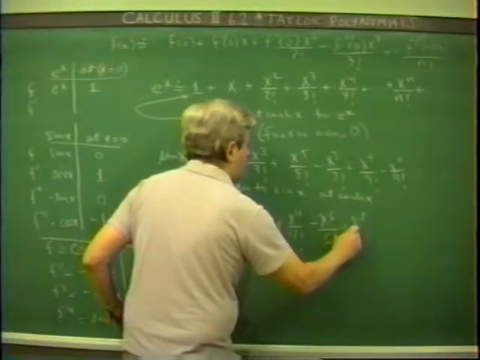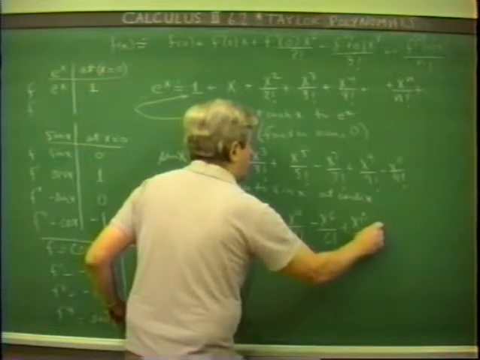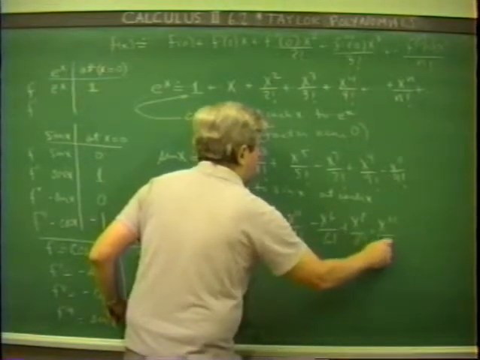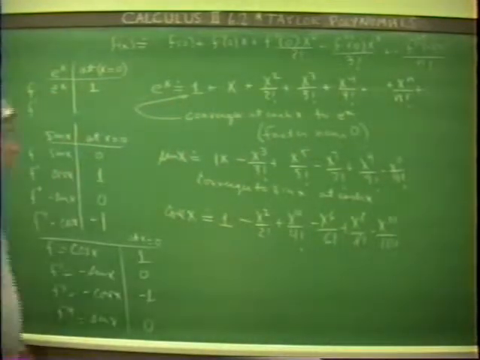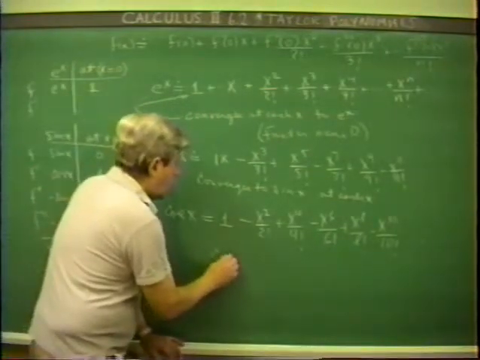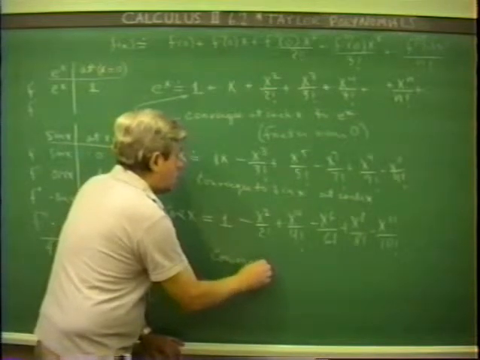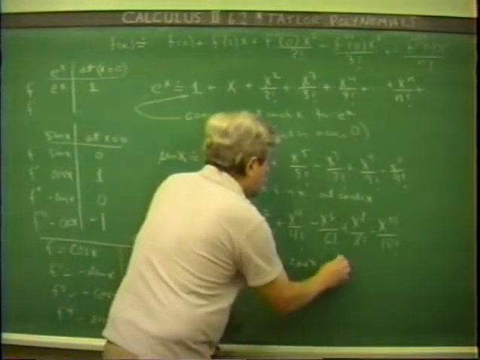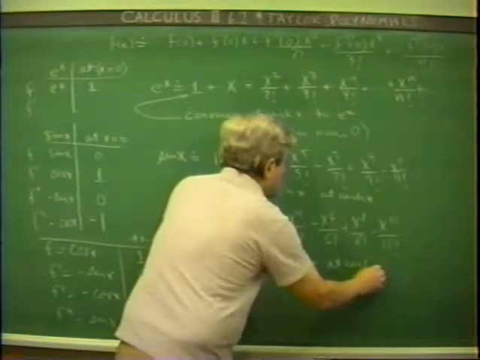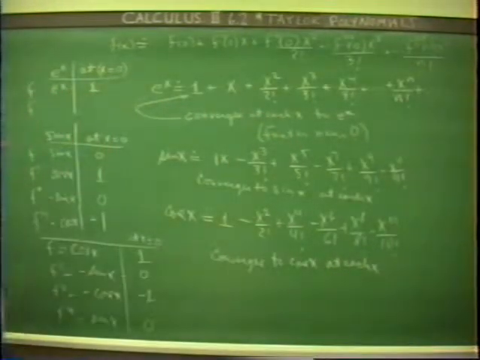And then this goes plus x to the 8th over 8 factorial, minus x to the 10th over 10 factorial, and so forth here. And again, this converges, and it converges to cosine x at each x.